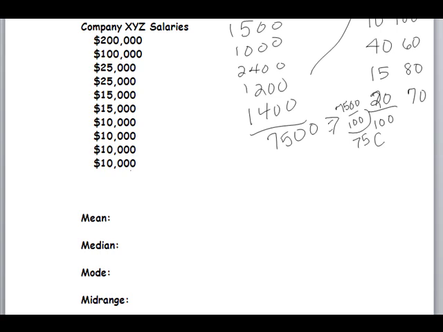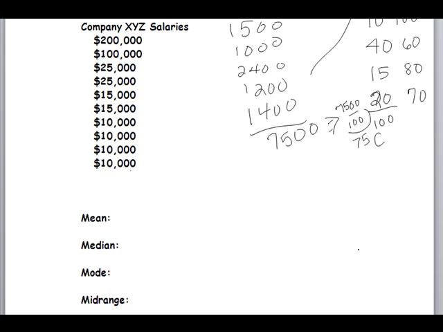Okay, I'm assuming at this point that you have done your calculations. The first thing you have to do is add these up, and I believe it's 420,000. So the mean is 420,000 divided by 10 salaries, which is a mean of 42,000.